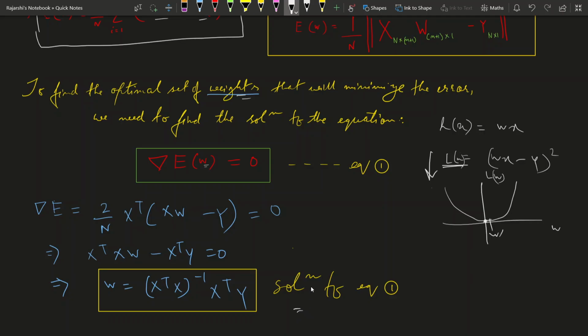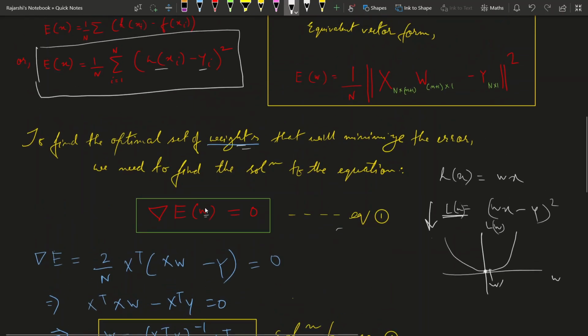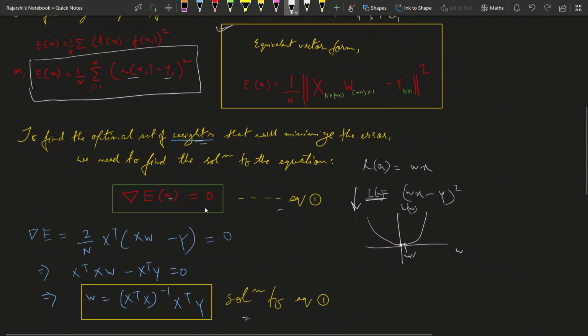This is the solution to equation 1. So this is the simple derivative, you know. If you look at this equation, this is your error in vectorized format. Now if you differentiate this with respect to weights, then this 2 will come in front, n is a constant, and then this entire thing will be here, and you get X transpose because you're differentiating with respect to the weights.